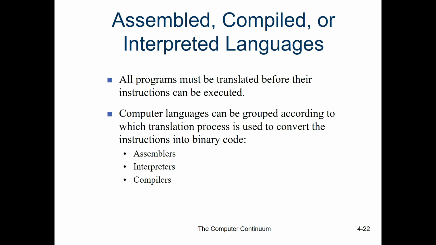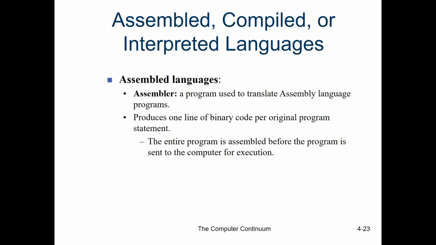So let's see how they are different. All programs must be translated into computer-understandable language before the instructions can be executed, and computer languages can be grouped according to which translation process is used to convert the instructions into binary code. We could use assemblers, interpreters, and compilers for this purpose.